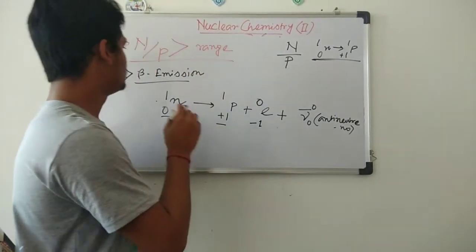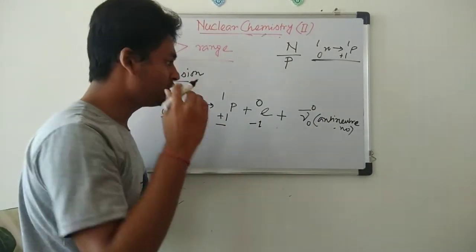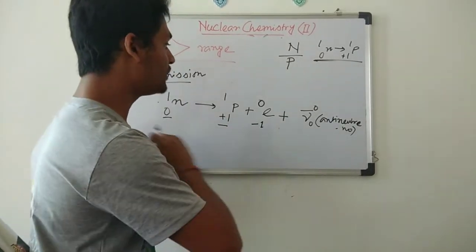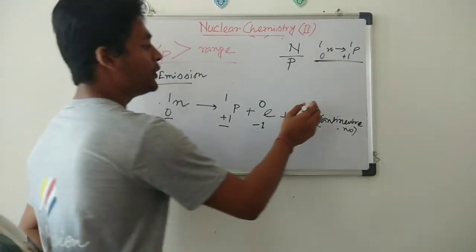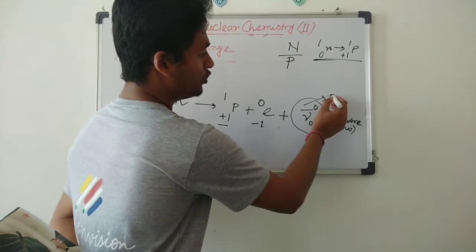Like I told you, not only the mass number and atomic number, but also energy, nuclear spin, and statistics will all be the same before and after emission. That's why this particle is introduced. It doesn't have any mass, you can see it from this, no mass.